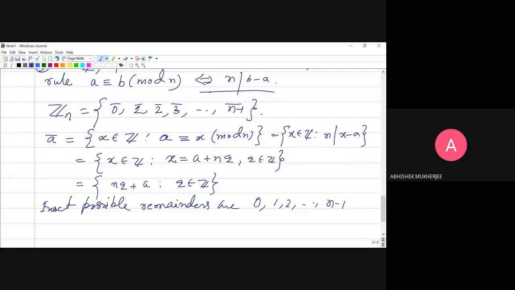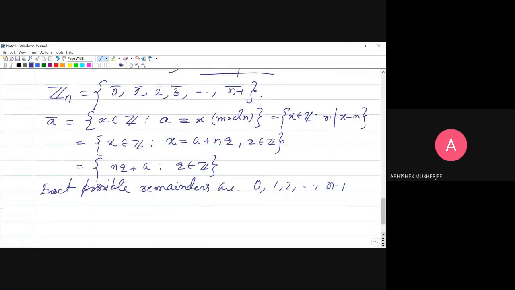And it can be achieved by using the division algorithm. In the division of an integer a by n, you will have these possible remainders 0, 1 to n minus 1.